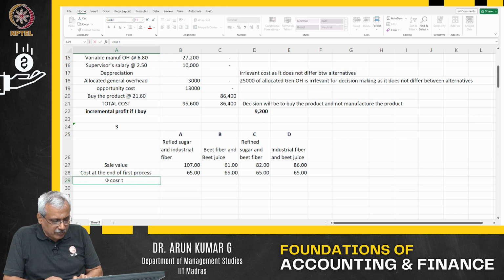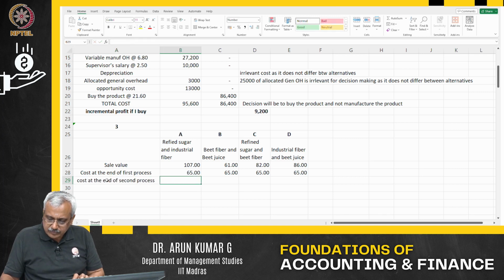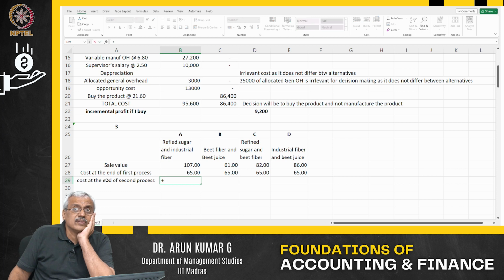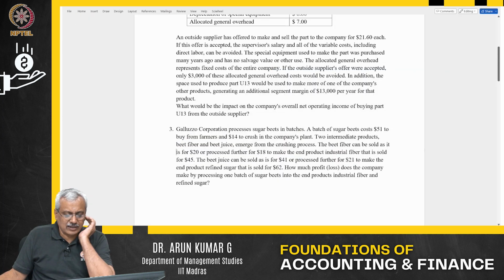Cost at the end of the second process. What is the second process? Refined sugar and industrial fiber.